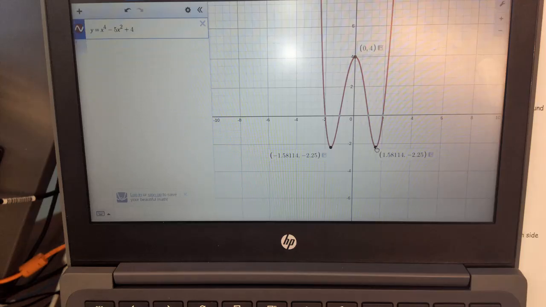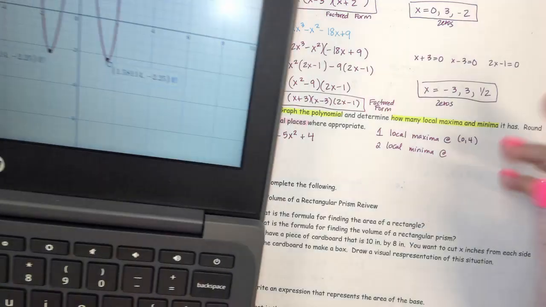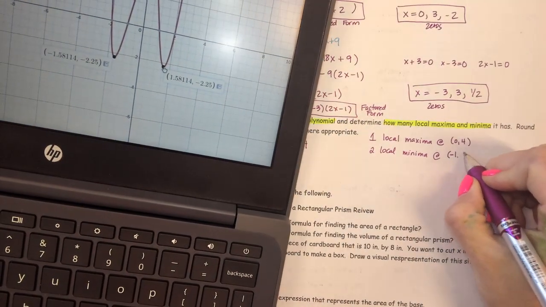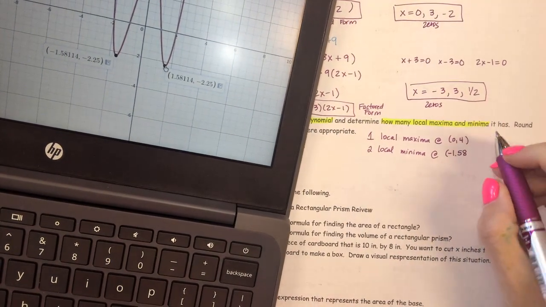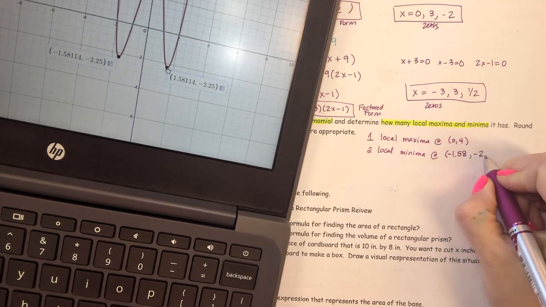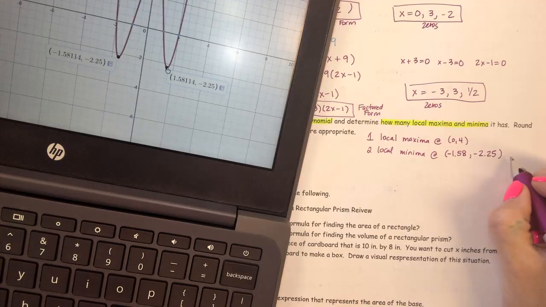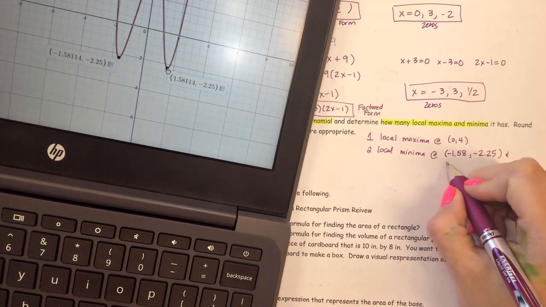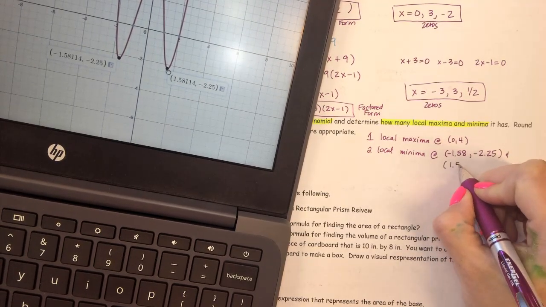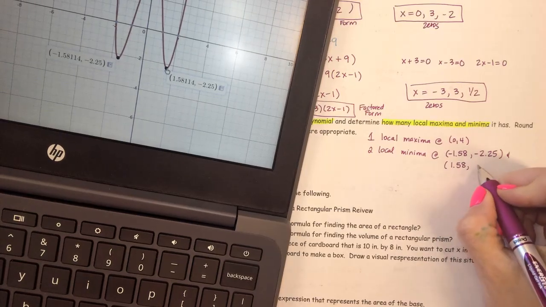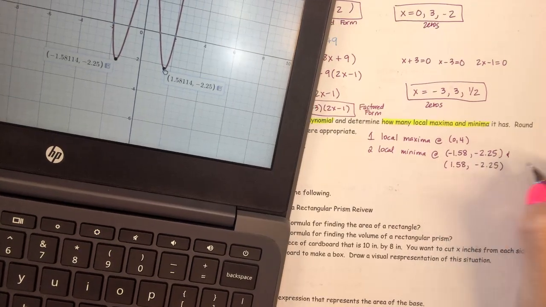From there, you are going to have negative 1.58, negative 2.25. And these are symmetric, so 1.58, negative 2.25.